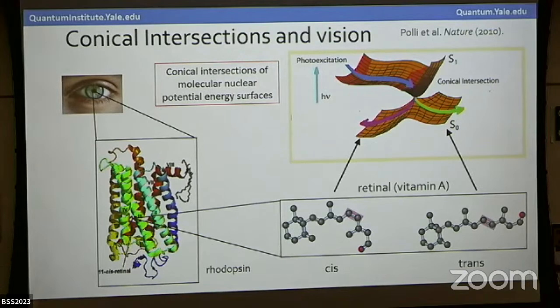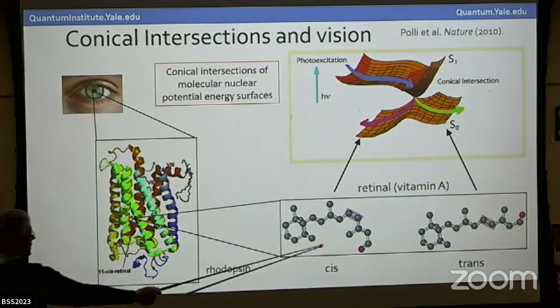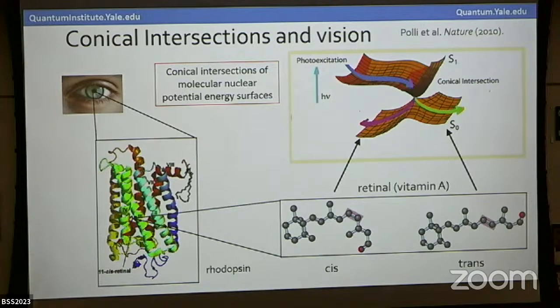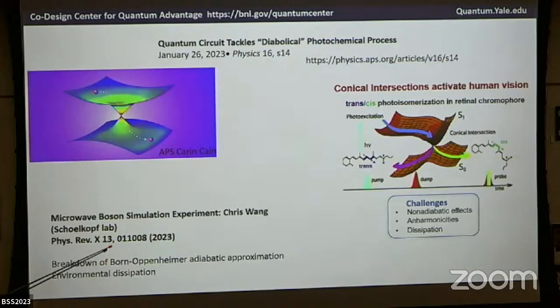And the molecule undergoes a conformational transformation that catalyzes your optic nerve to fire. So Chris Huang also did a second experiment, way too complicated to explain, exploring this dynamics and the role of the breakdown of the Born-Oppenheimer adiabatic approximation here, and the role of environmental dissipation in the dynamics.